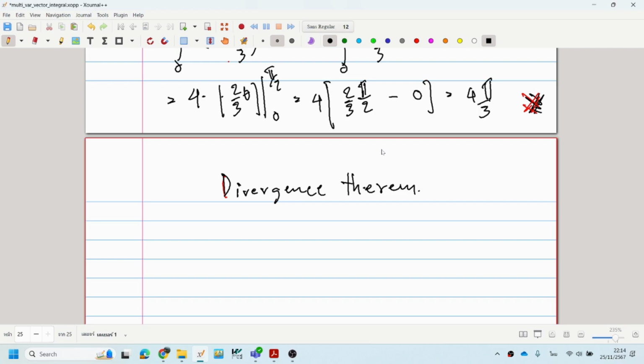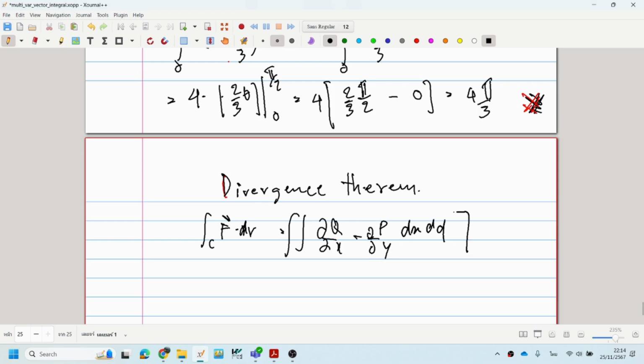Green theorem is: the closed curve integral of f dot dr equals the double integral of the partial of Q with respect to x minus the partial of P with respect to y over the region, dx dy. This is Green theorem.